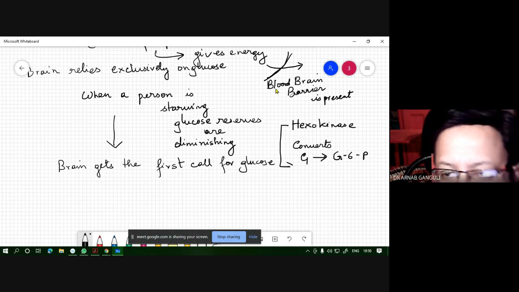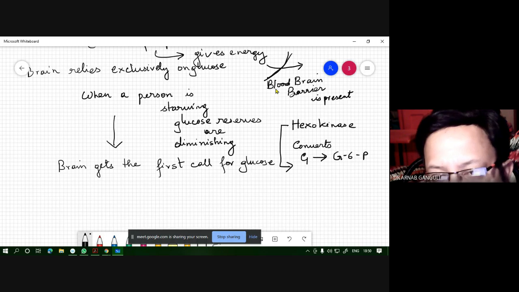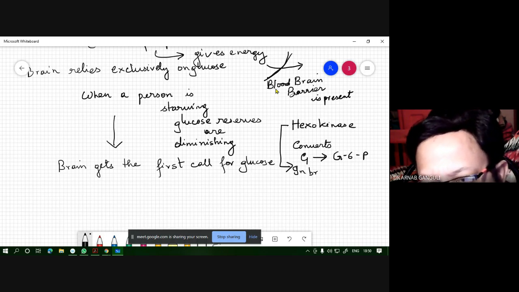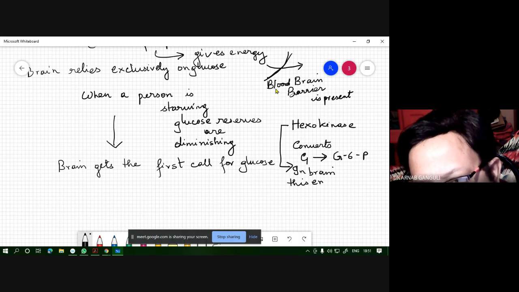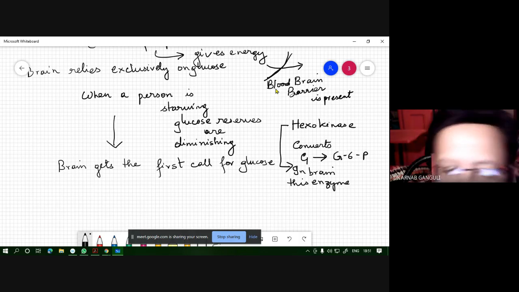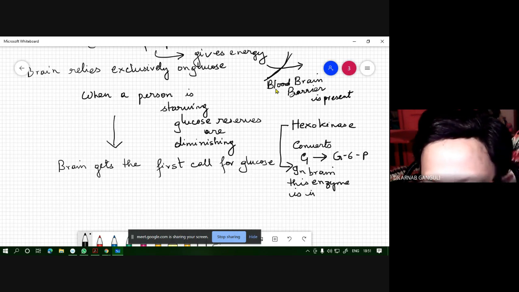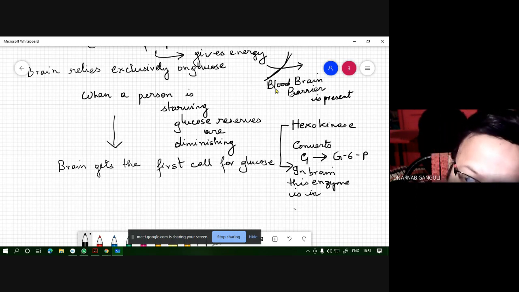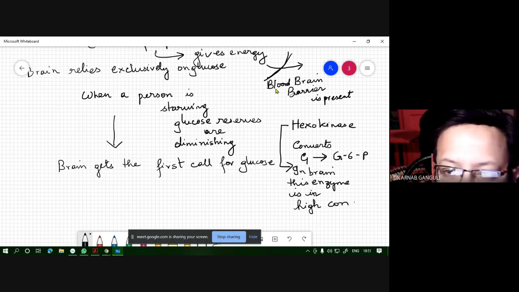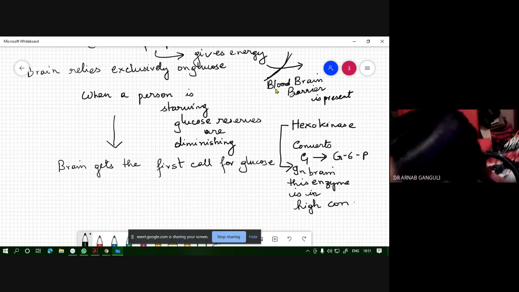This enzyme is present in high concentration in the brain.